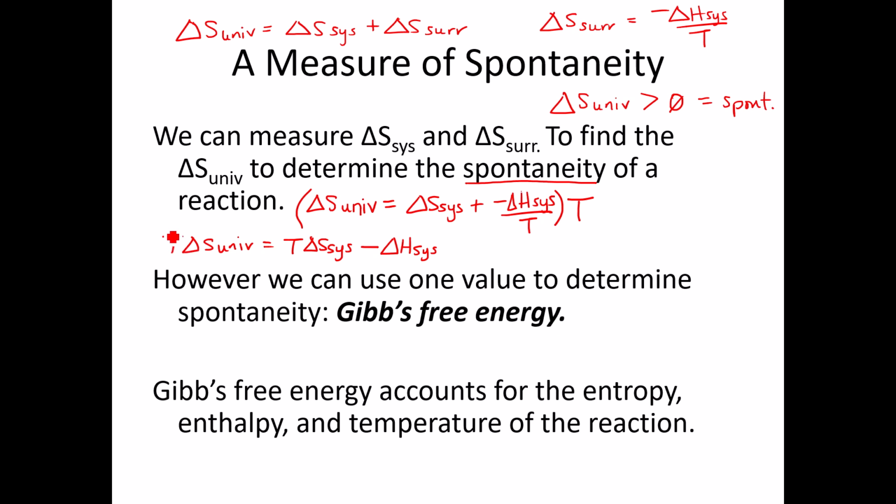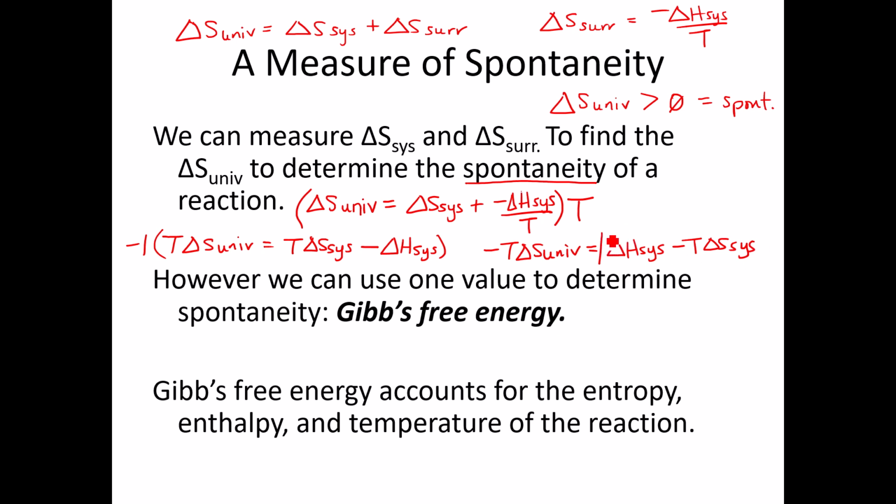Alright, one more thing I'm going to do. I'm going to multiply the entire equation, both sides, by -1 to try to get this into a certain arrangement that we will see in just a minute. So negative T times delta S of the universe is now equal to delta H of the system minus T times delta S of the system.